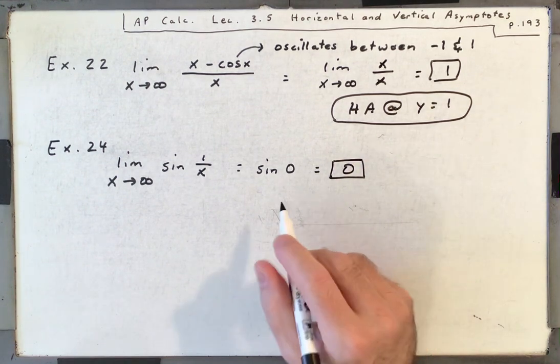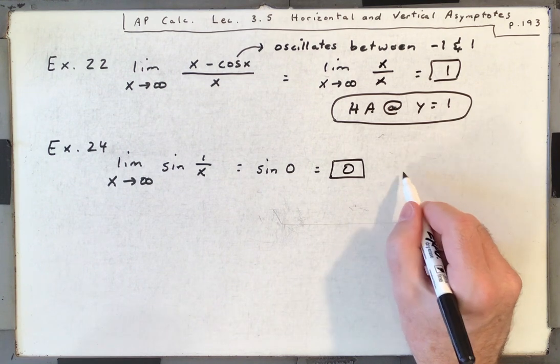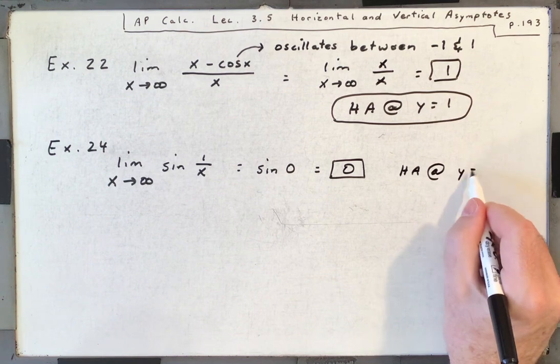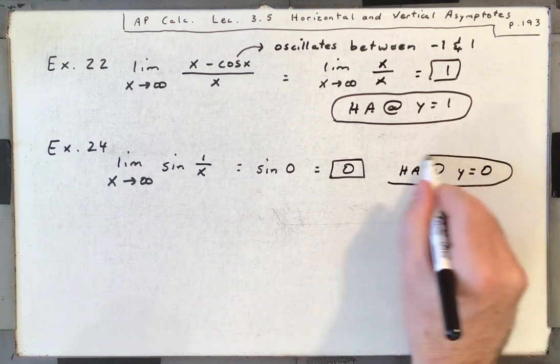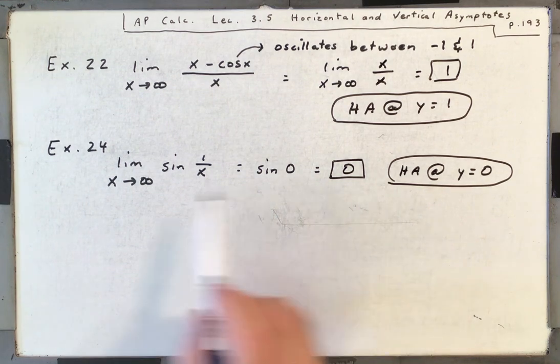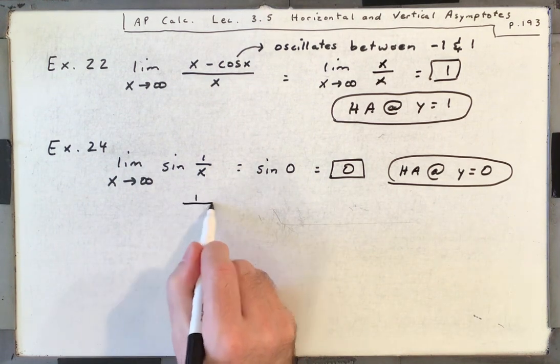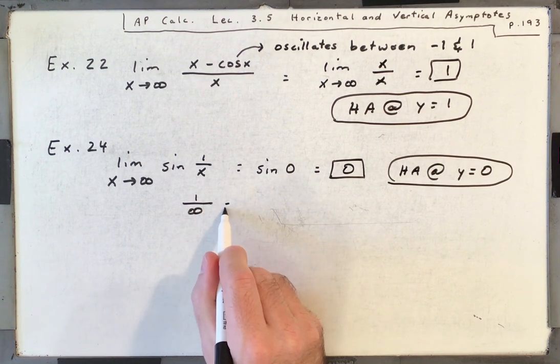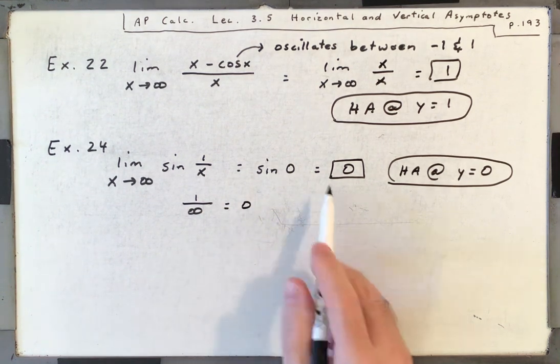So the answer is 0, and we have a horizontal asymptote at y equals 0. The sine of 0 is 0. Think of 1 over infinity as a tiny, tiny number, so it's approximately 0.